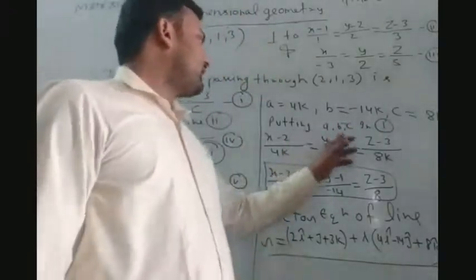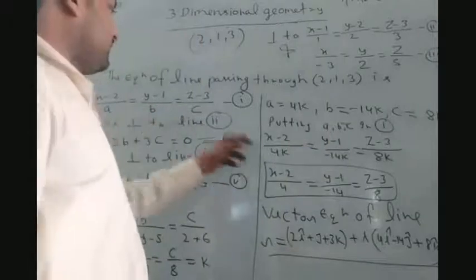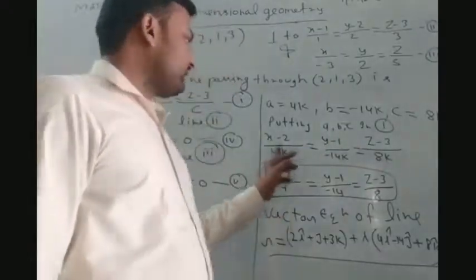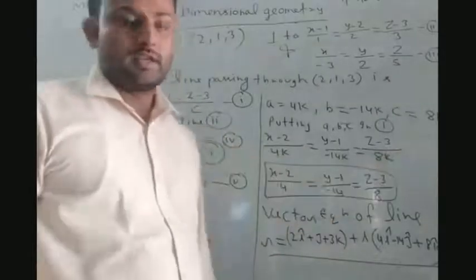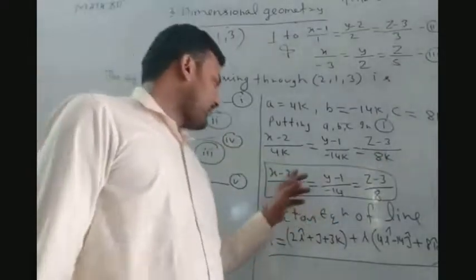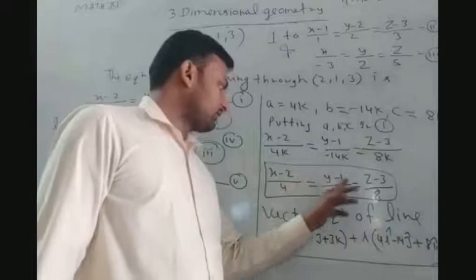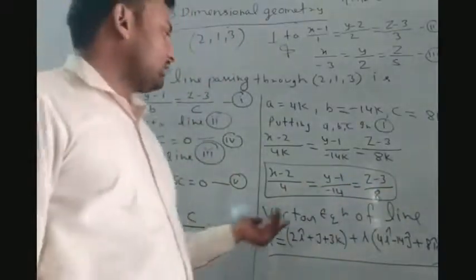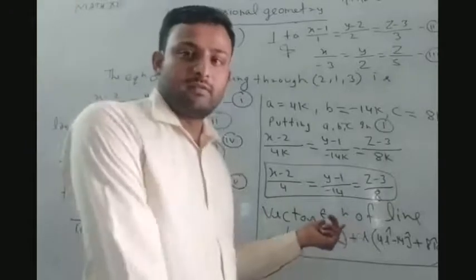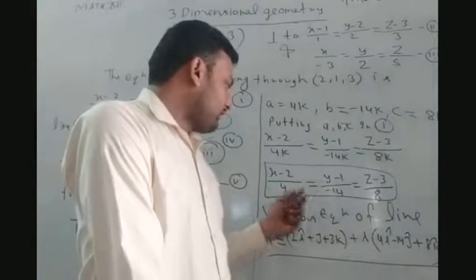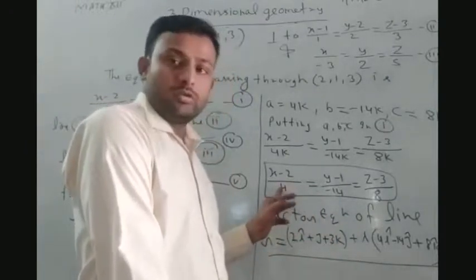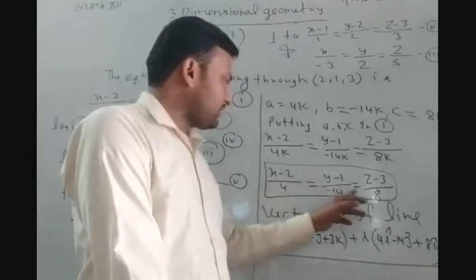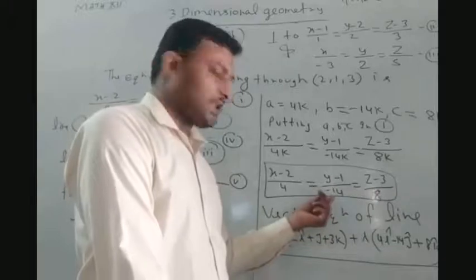Now we put this value in equation first. Here we get 4k, minus 14k and 8k. Now when we multiply the equation with k, our k will be removed. So x minus 2 by 4, y minus 1 by minus 14, z minus 3 by 8. Now this is our Cartesian equation. And if you want, we can also divide by 2, so we get 2, minus 7, 4. Either we can write this.